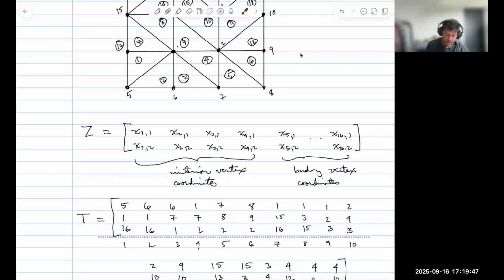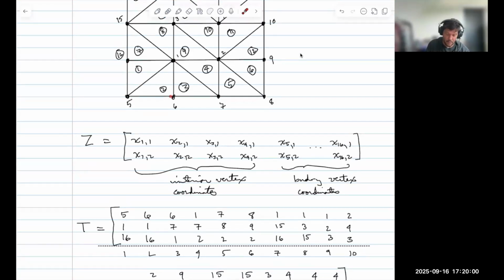Triangle 1 has nodes 5, 1, and 16. Triangle 2 has what nodes? 6, 1, and, oh, I made a mistake there. It should be 6, 1, and 5.